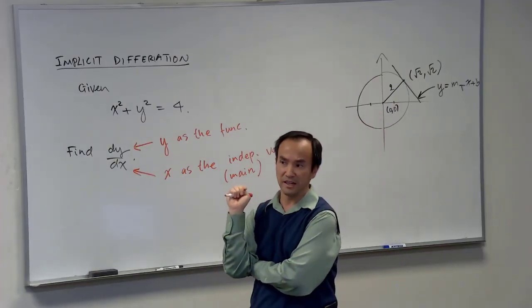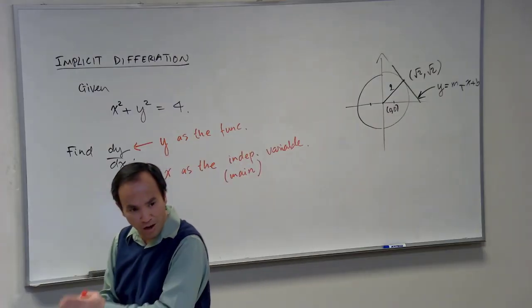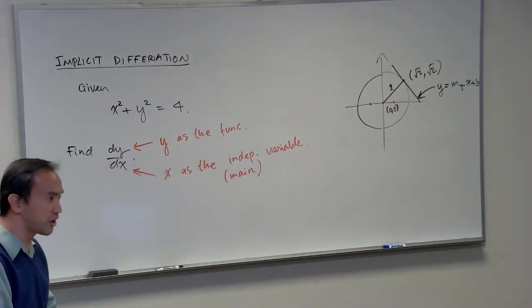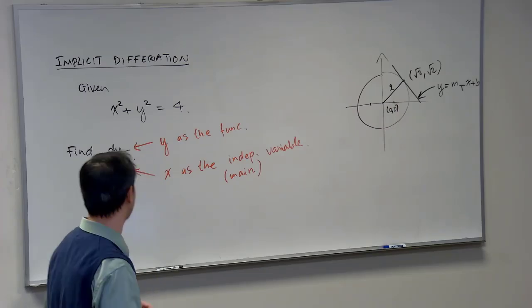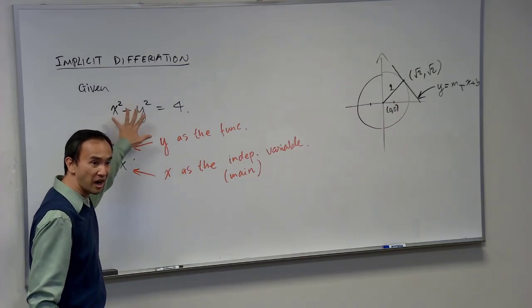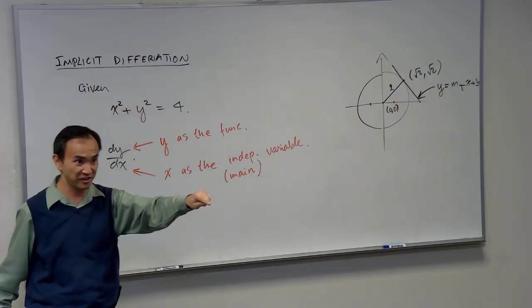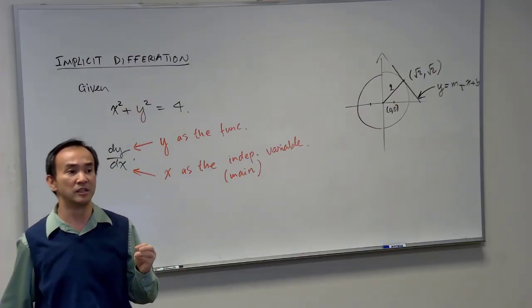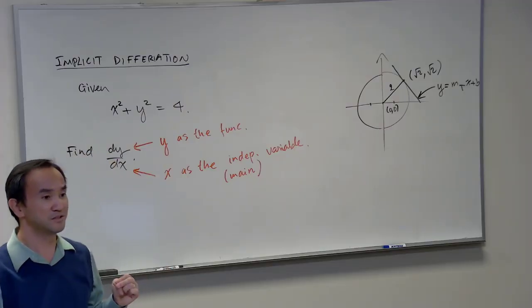Just the way the problem was given out, the instruction the problem gave led us to that decision that we have to treat y from this equation as the function, and x as the variable. You still together with me?